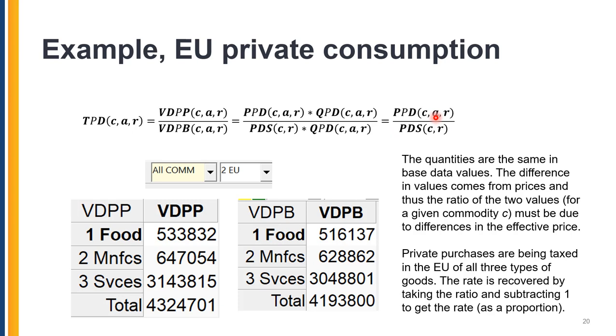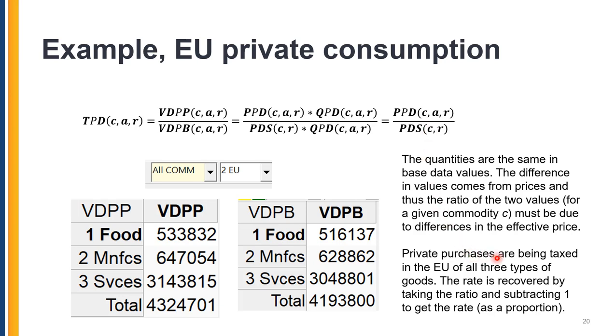The quantity is the same in the base data values. The differences come from those prices. Thus, the ratio of those two for a given commodity C must be these differences in the effective price. So the payer has a different effective price. The price that they behave and respond to is different from the market price.